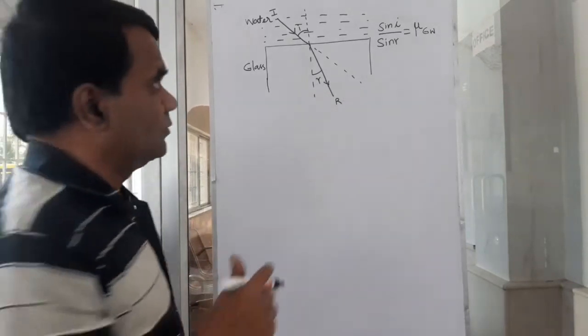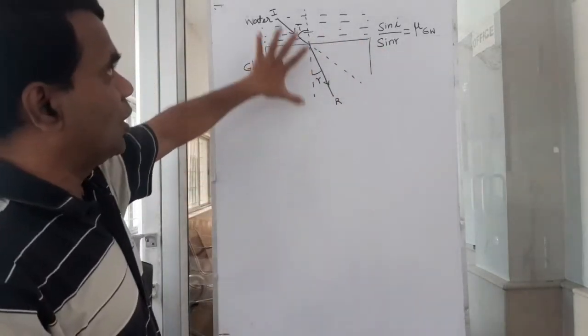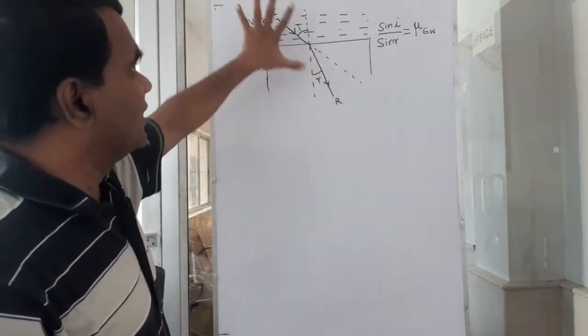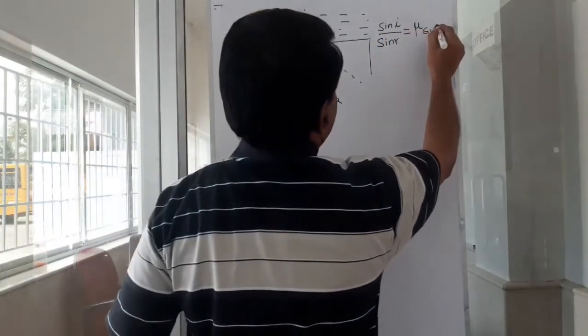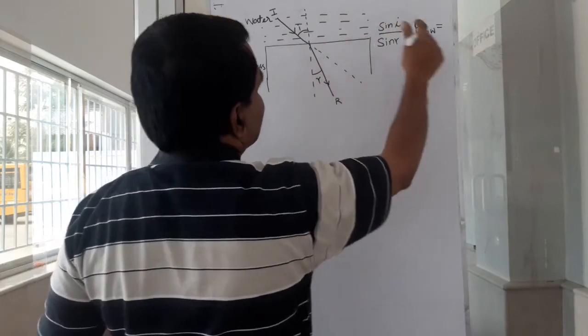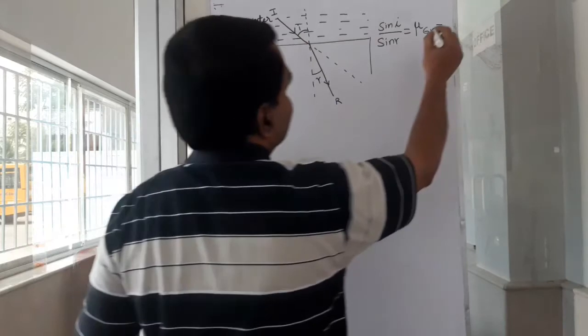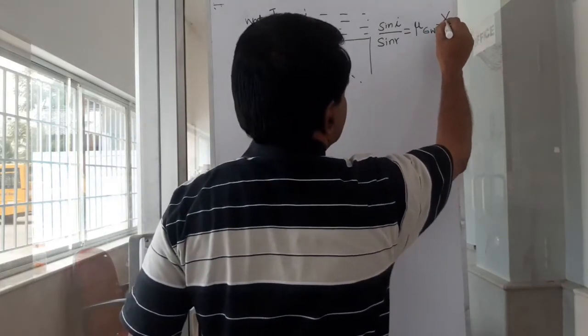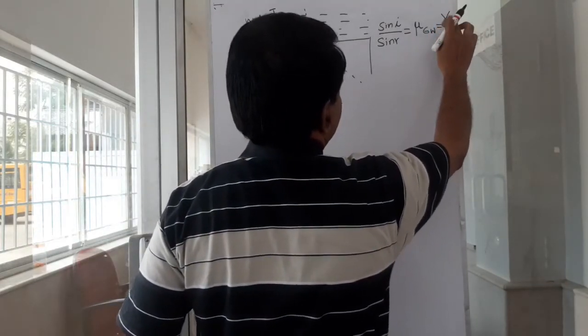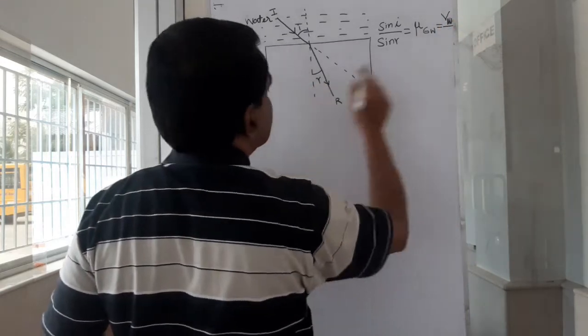And I also told you that refractive index is simply the ratio of the speeds. Like sine i is here, right, in this first medium, you are going to have the speed of light in the first medium. It's going to be the speed in water, divided by the speed in glass.